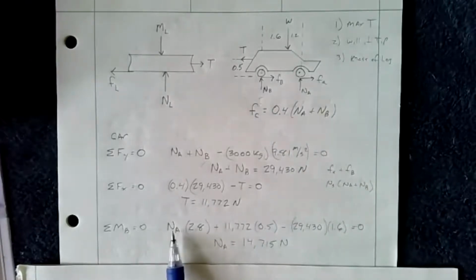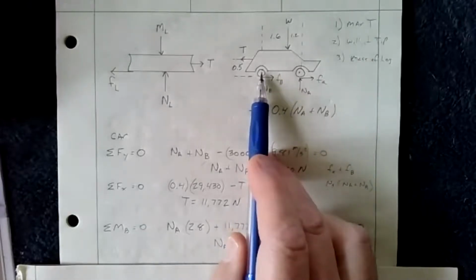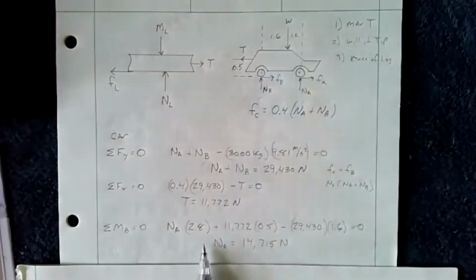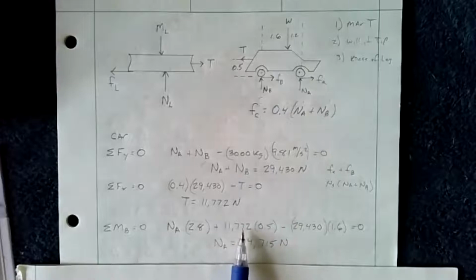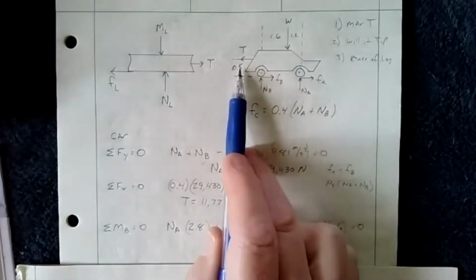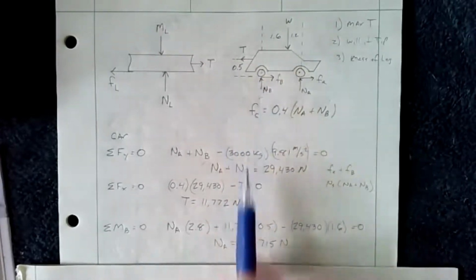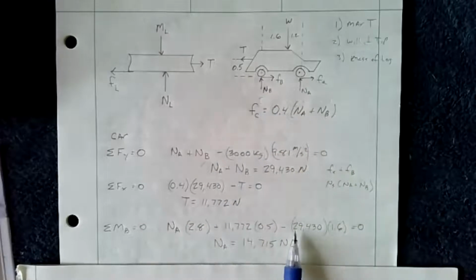So sum of the moments, we know NA times the distance 2.8, that's the distance to B, 1.6 plus 1.2, plus the tension times 0.5. Both of those are going in the counterclockwise direction, and then minus the weight of the car times its distance.